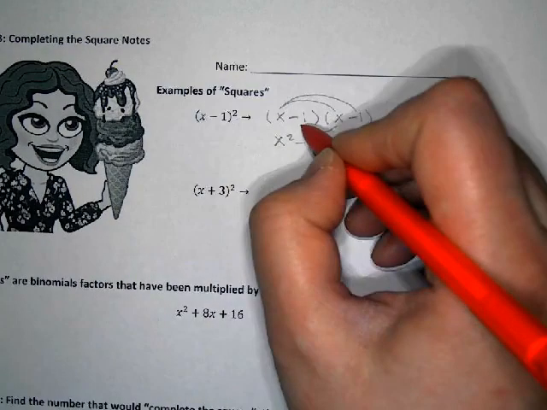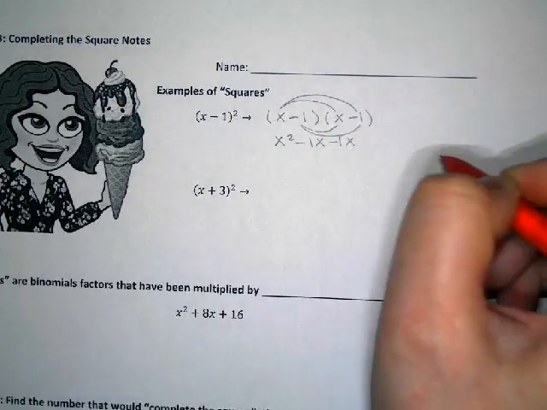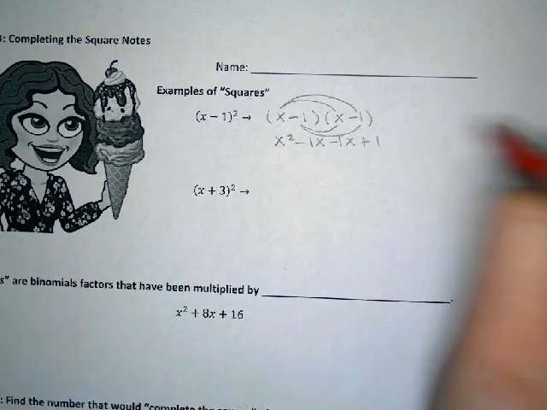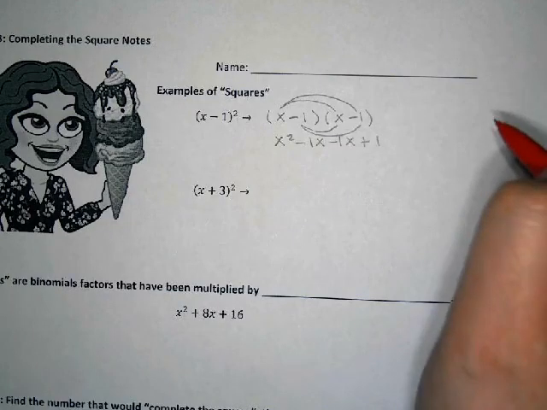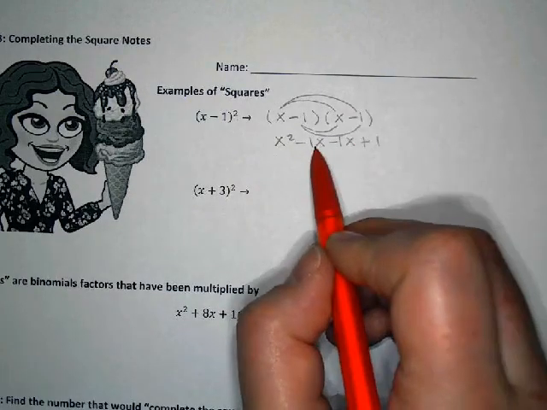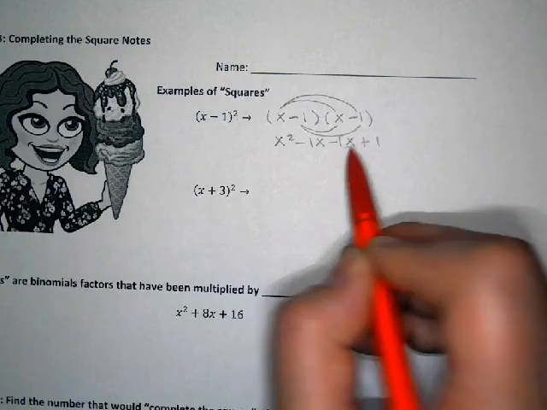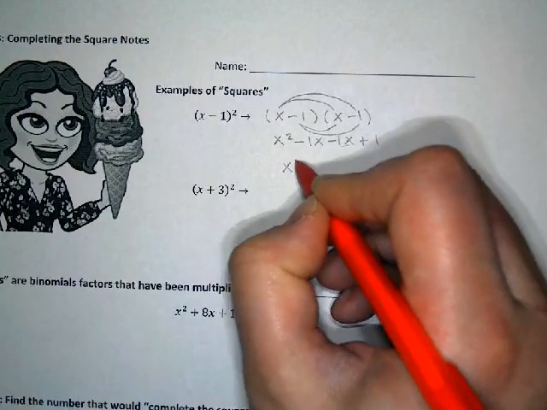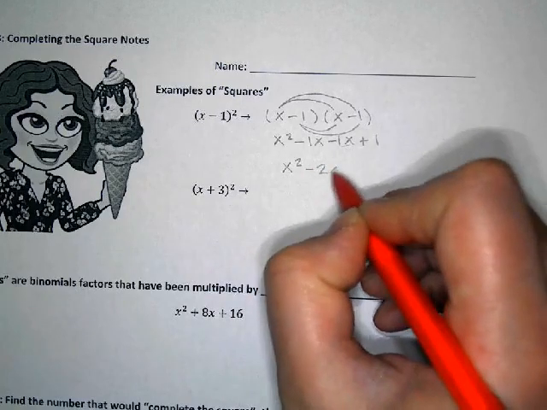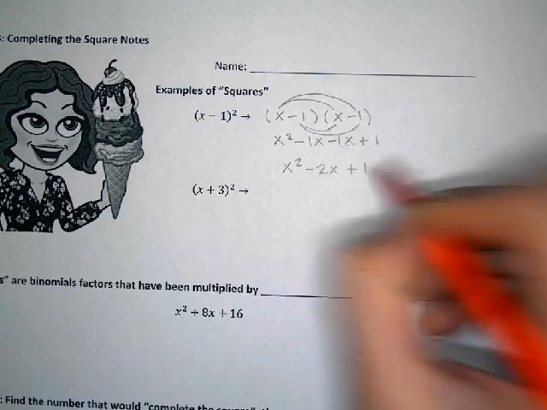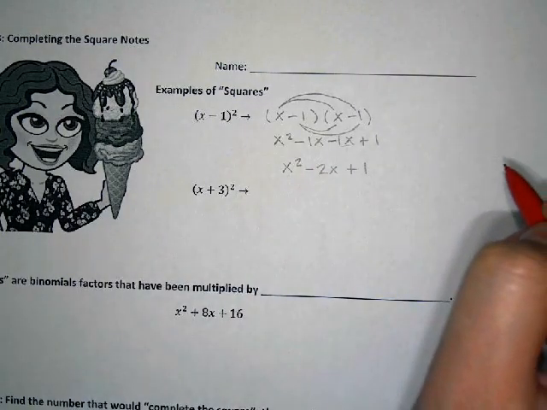And -1 multiplied by -1 is +1. And so if I combine the like terms in the middle, I get x squared minus 2x plus the 1 on the end. Okay?